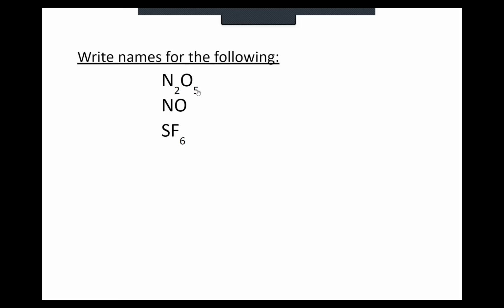pentaoxide. You could usually shorten that a smidge just to make it easier to pronounce. It's not a big deal if you don't do this. But this is called dinitrogen pentoxide. 2 nitrogens, 5 oxygens. The next one, NO. Okay. We do not use the prefix mono for the first element. So we're just going to write nitrogen, not mononitrogen.